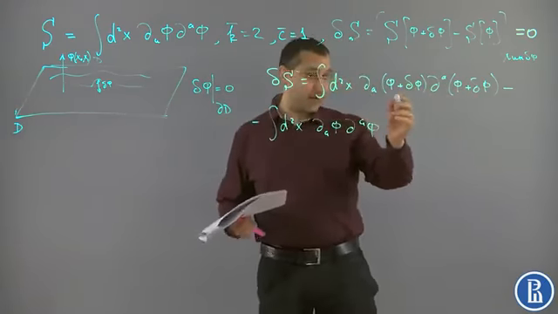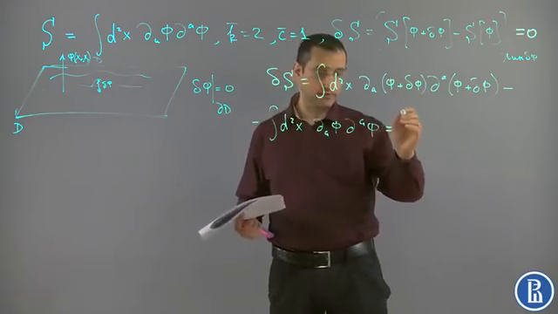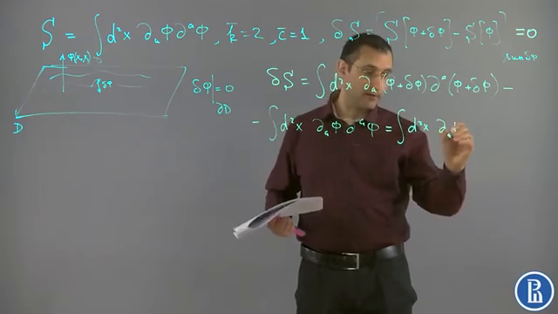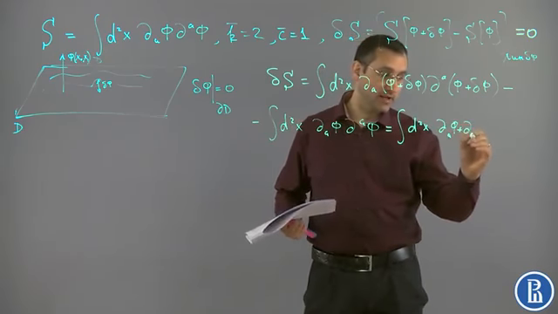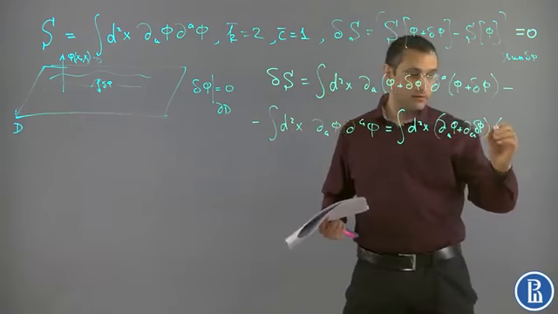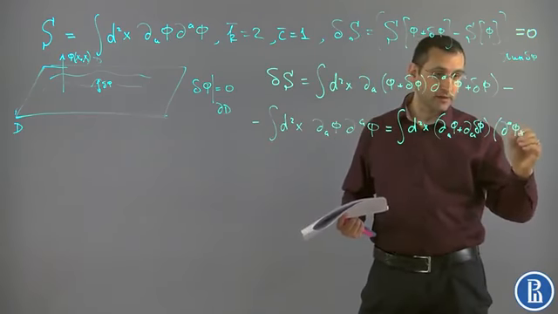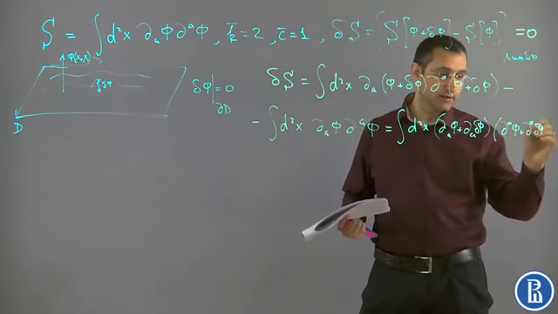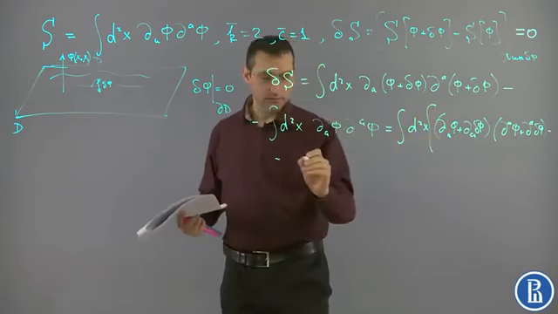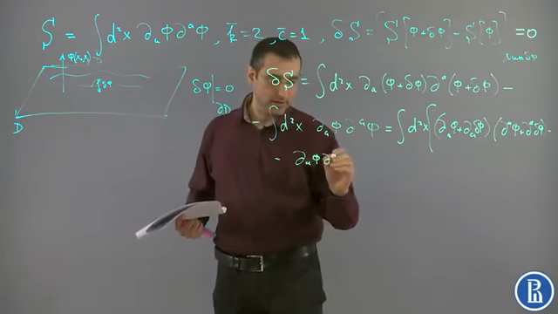So we expand. This is just d²x of (∂_A φ + ∂_A δφ)(∂^A φ + ∂^A δφ) minus ∂_A φ ∂^A φ.